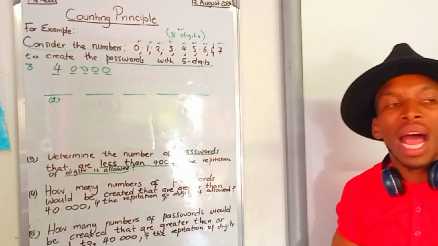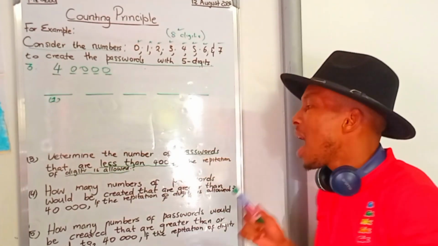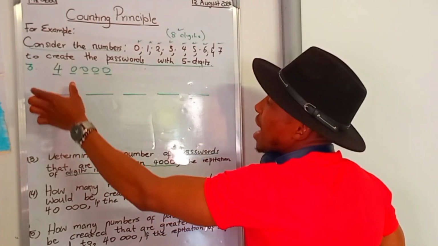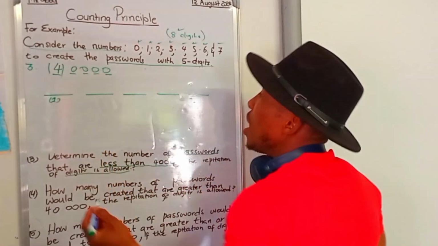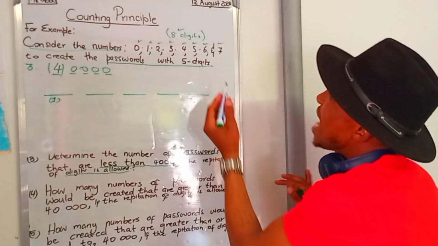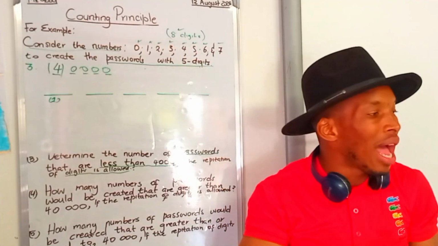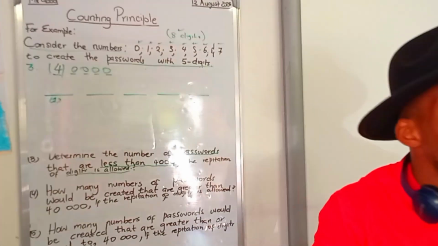If the number is less than, that first digit is going to be a number less than 4. Which numbers on the list that you've been given are less than 4?